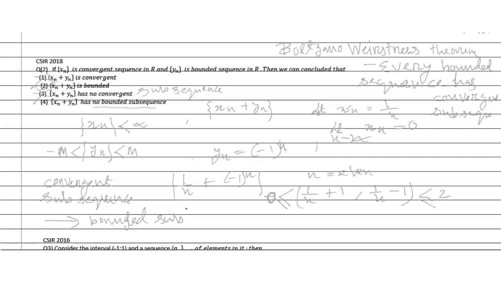It means bounded does not mean that it is convergent. Like this example, 1 by n plus minus 1 to the power n is a perfect example that it is bounded but not convergent.